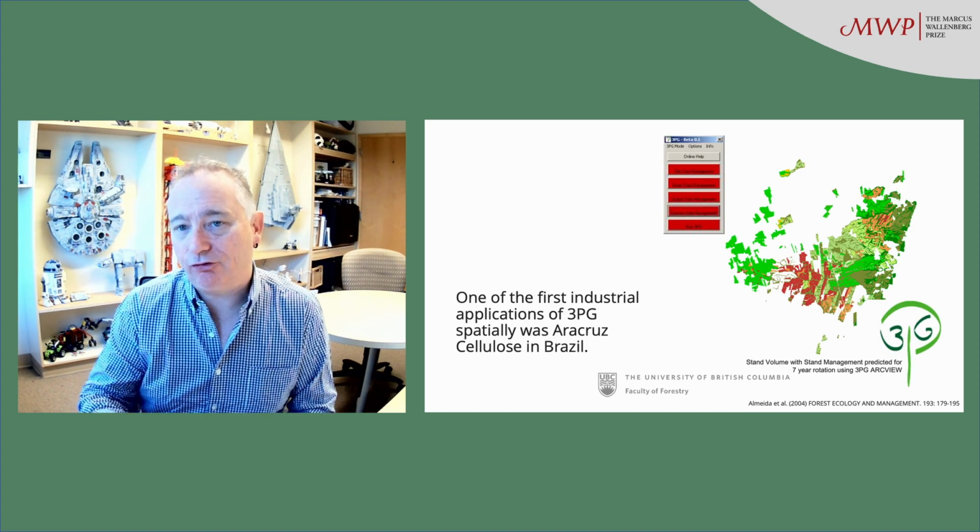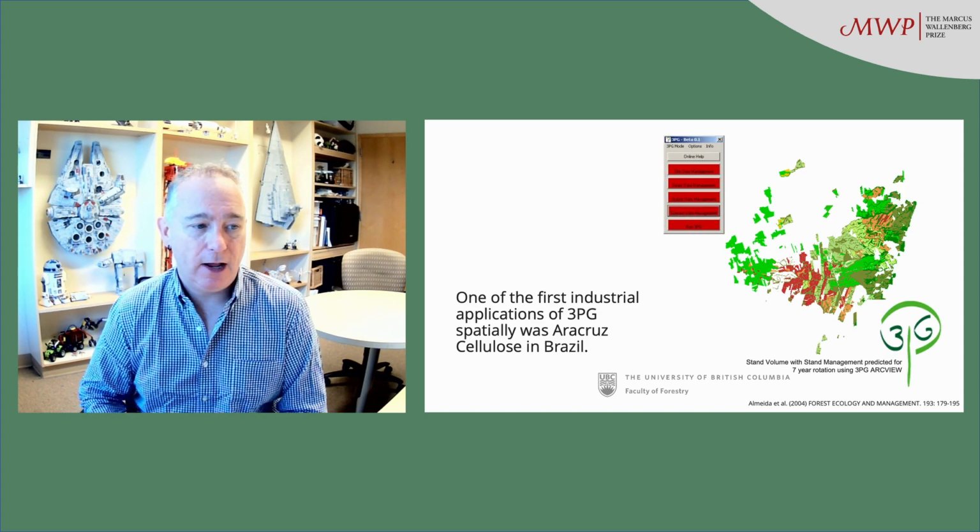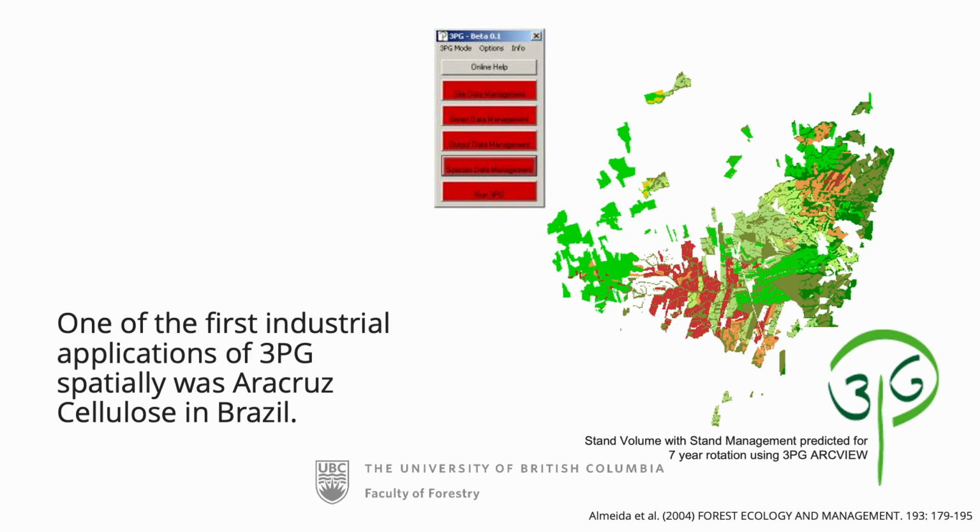One of the first industrial companies to pick up 3PG was Aracruz Cellulose, based in Brazil. This work was pioneered by the work of Aro Amelia, who's now based at CSIRO, who went away and made predictions of short-term rotation growth of eucalypts within their estates in Brazil, as well as developing software tools to allow the plantation managers to predict what the future forest growth would be for the company.